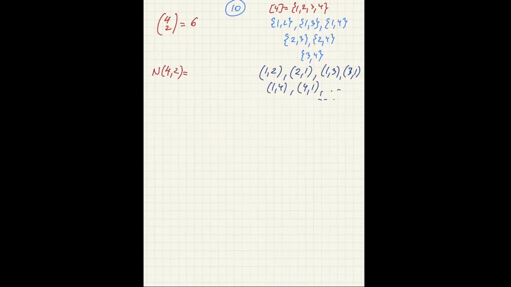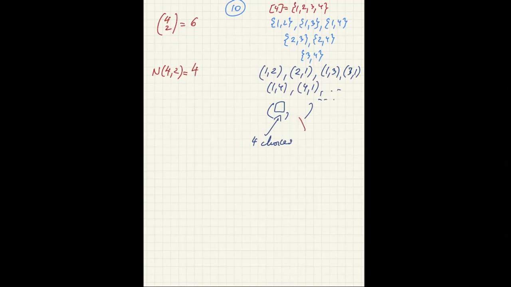Essentially, here we have two positions. And how many ways? It's kind of similar to counting the number of permutations. How many choices do we have for the number in the first position? You have 4 choices. And once we put one element there, then we cannot use it on the second position.